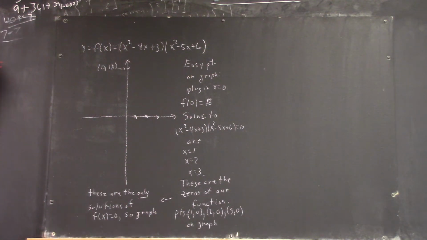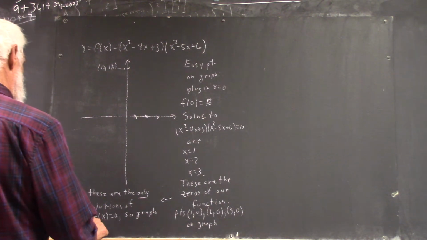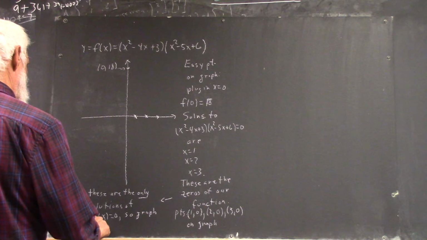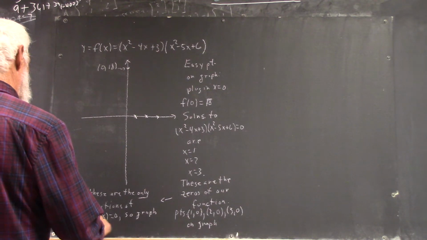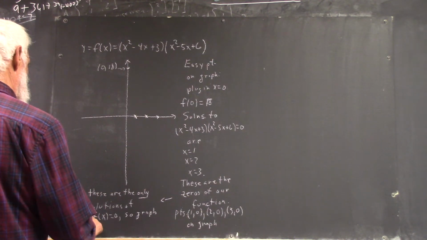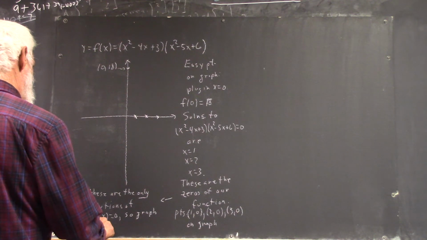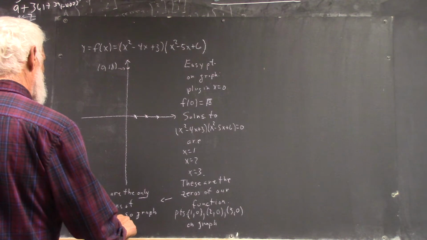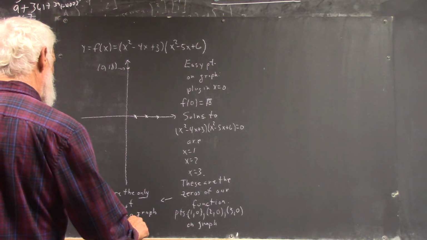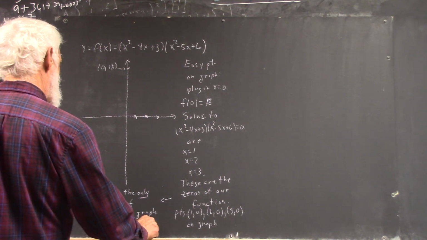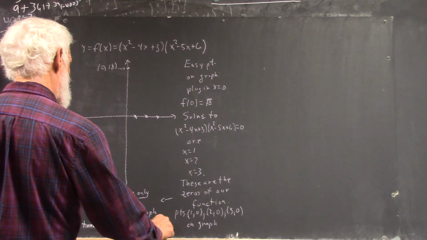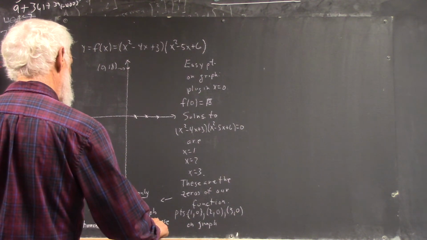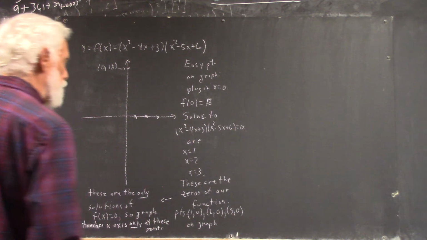These are the only solutions of f of x equals 0. So the graph touches the x-axis only at these points.